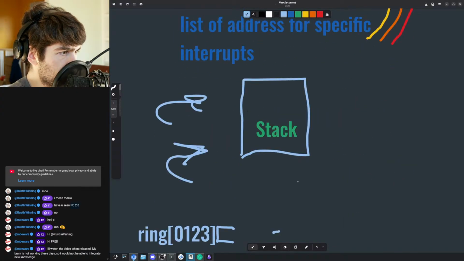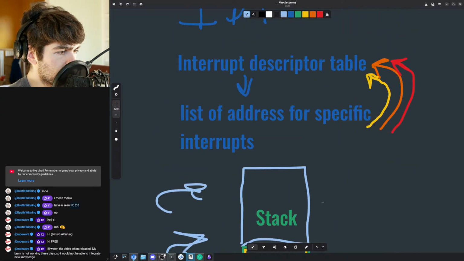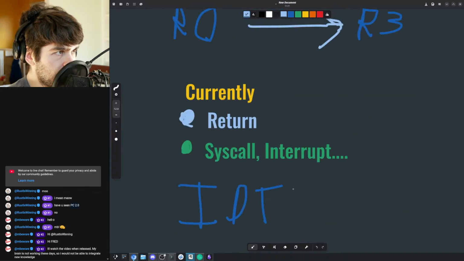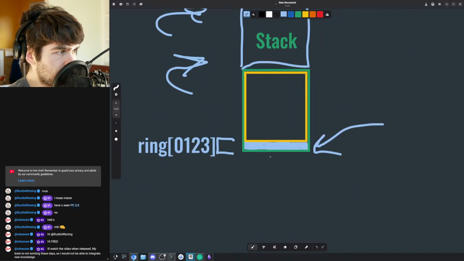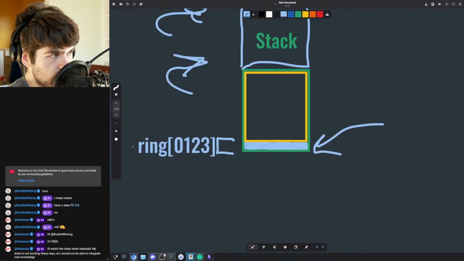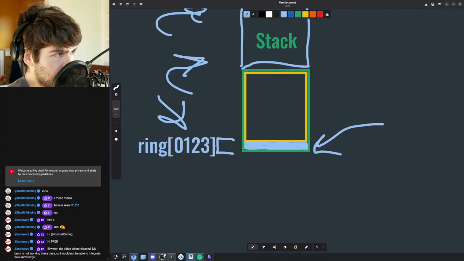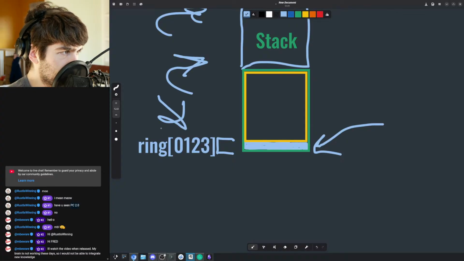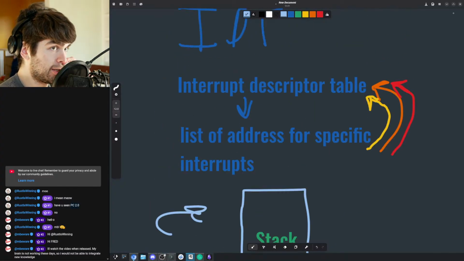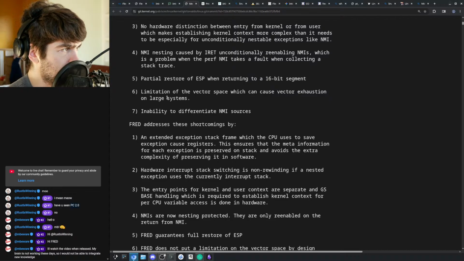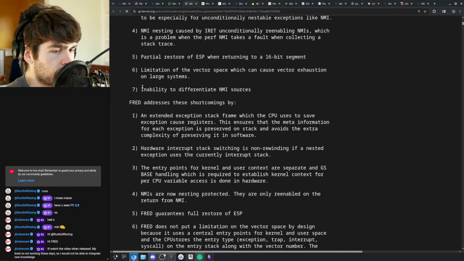So we have to do a bunch of stuff that is very slow. And FRED seeks to relieve that by adding some data onto the stack that the CPU can actually trust in order to tell the ring level. That's the TLDR for my knowledge right now. I don't know anything else.